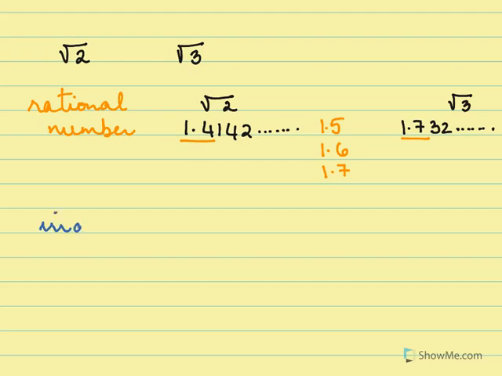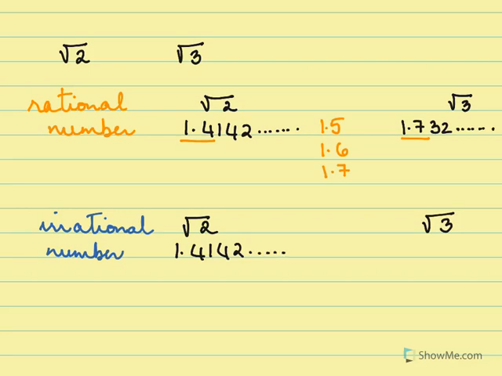Now to find an irrational number between root 2 and root 3, we know root 2 is 1.4142, an irrational number, non-terminating, non-repeating, and root 3 is 1.732, non-terminating, non-repeating.